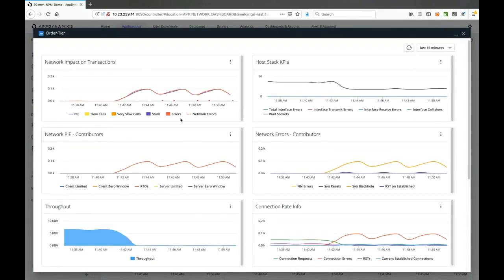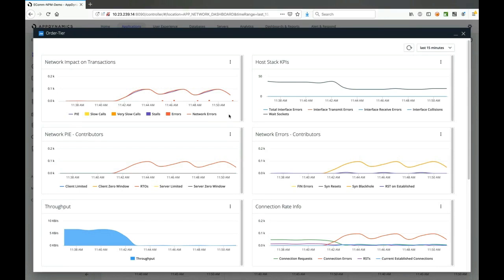You see here that the business transaction errors have started coming in when the network errors have also started coming in. That means there is a strong correlation here between the network and the business transaction errors. That gives an indication that there is something wrong with the network, but we have visibility into only the L4 level here.